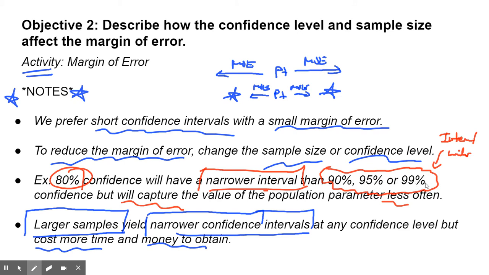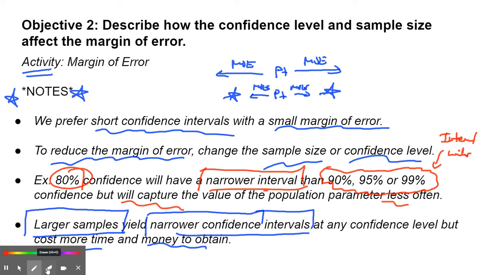If you tell me a 99% confidence interval, that means you're almost always right. Your interval is going to be pretty wide because you have to capture the value 99% of the time. All right, so when you lower the confidence level, you decrease the margin of error and you make your interval more narrow. Okay, so be aware of that.